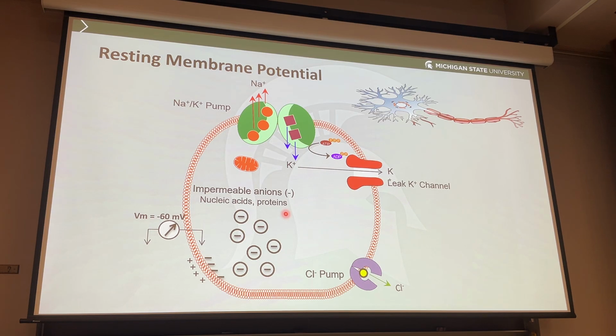The way the cell is able to do that is through ion pumps and channels. One example here, the sodium-potassium pump. This is an ATP-dependent process whereby this pump can import potassium ions and export sodium ions, seen here. Other pumps like this chloride pump can just pump chloride outside, all right?